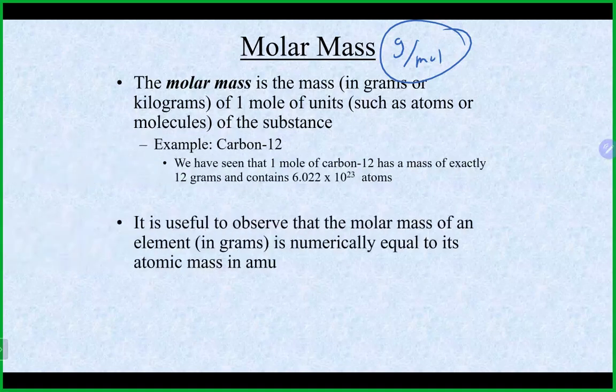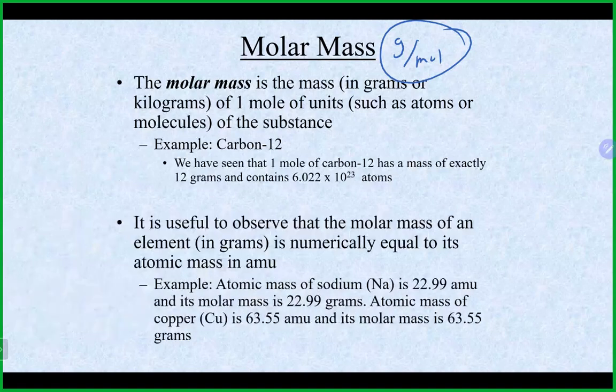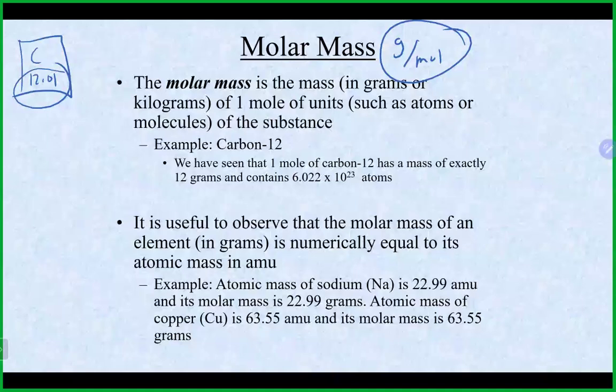It is based off of our carbon-12 isotopes. And it also is found, surprisingly enough, in the exact same spot on the periodic table as the atomic mass, because numerically speaking, the atomic mass in AMU per atom and grams per mole are the same number.